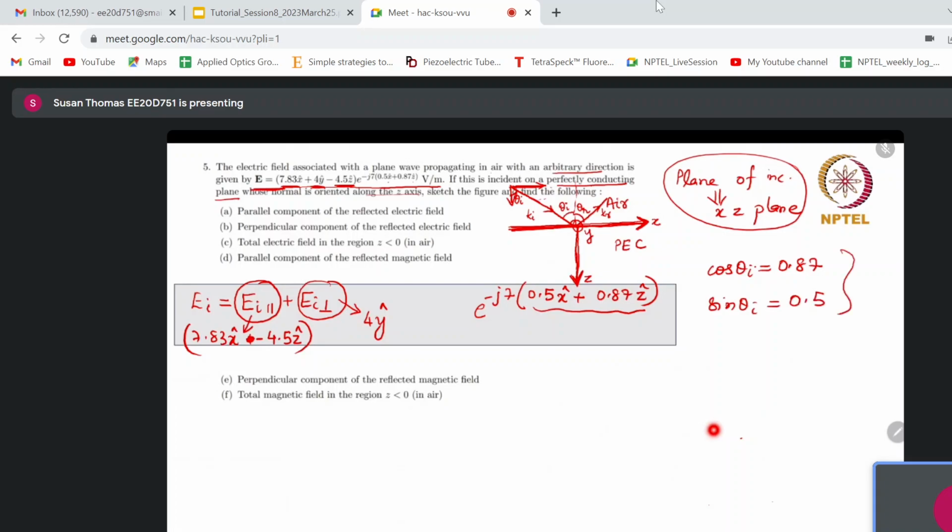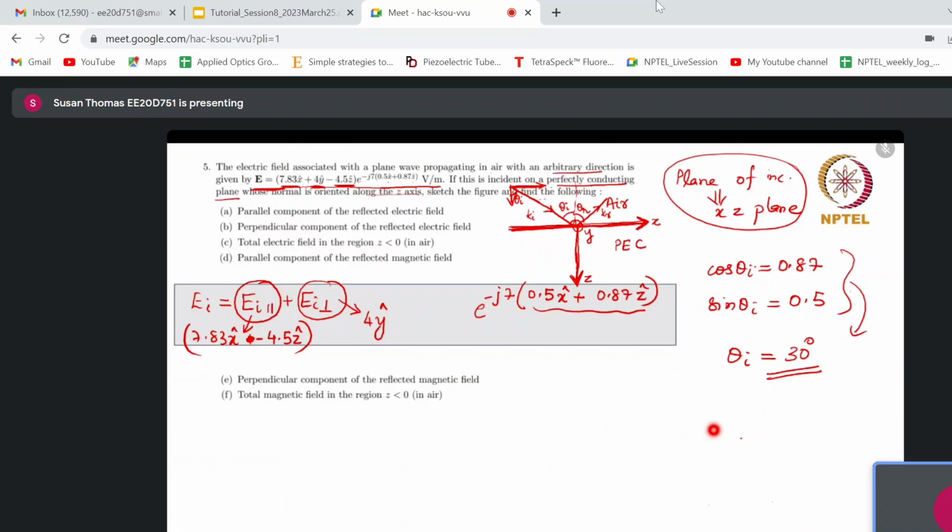Solve any of these and you will get theta I. Sin 30 is 0.5, it's very clear. So theta I is 30 degrees. That's how we get the angle of incidence.